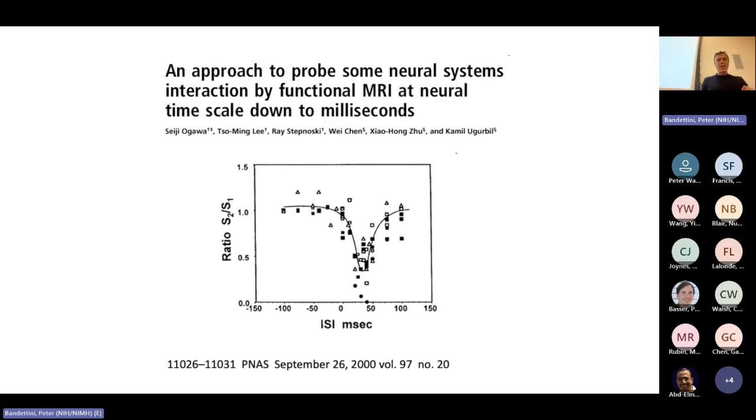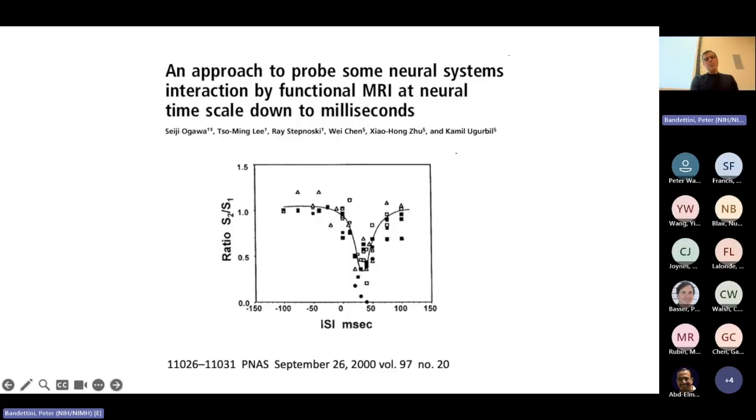If you do it with a long delay, the effect isn't there. If you do it with too short of a delay, the effect isn't there. But if you time the delays such that they're around 40 milliseconds apart, that's when the optimal inhibition occurs.